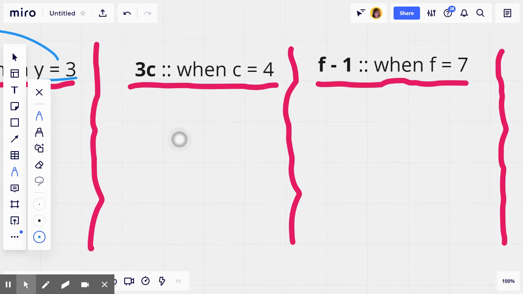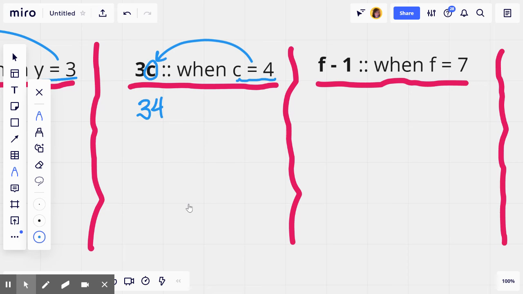Okay, let's look at the next one. First question to ask yourself is, what are they doing? What are the 3 and the c doing together? Well, I remember that if two things are stuck together, it means they're multiplying. So in this one, it says c is the same as 4, which means that this c can just turn into a 4. I need to remember, though, I can't just write it like this, can I? Because that says 34.